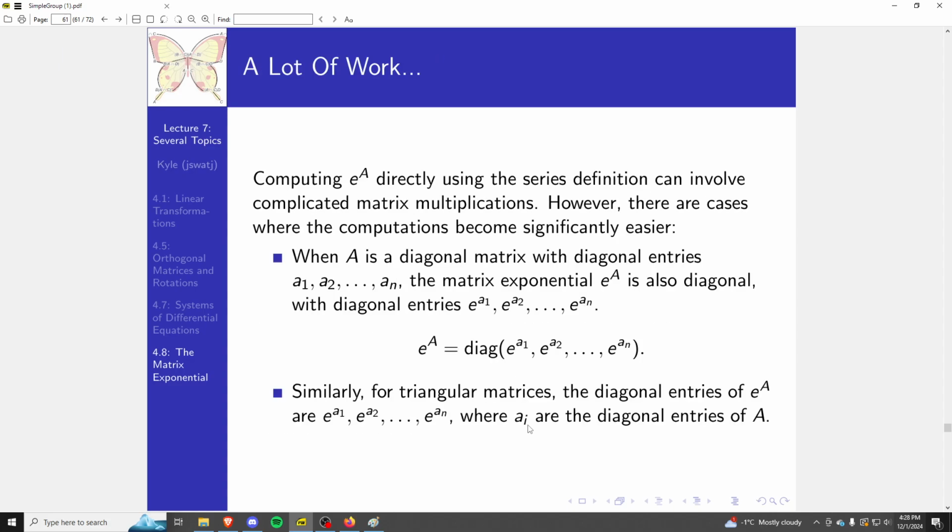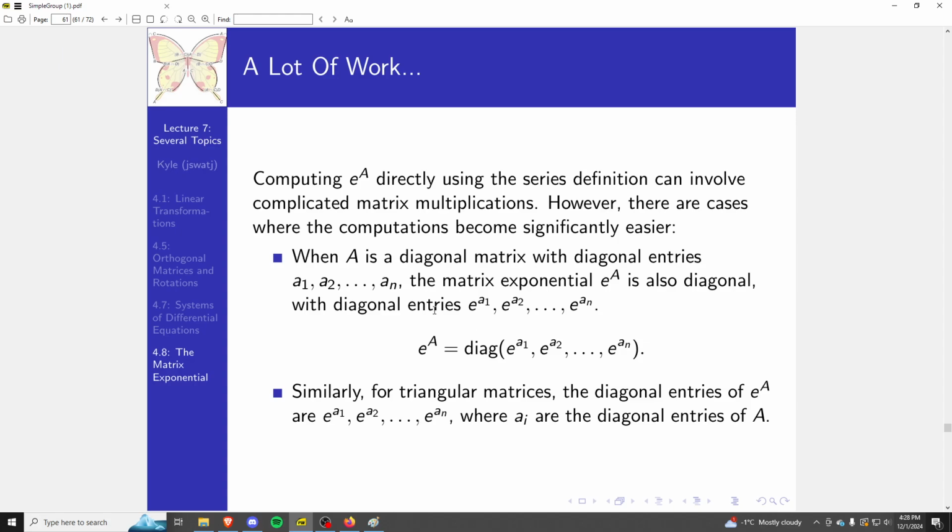Computing this is actually quite hard in usual cases, but when A is diagonal, things are a lot easier. And even when A is triangular, which we'll see at the end.